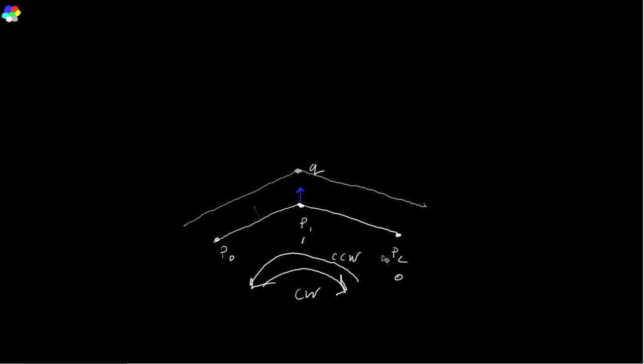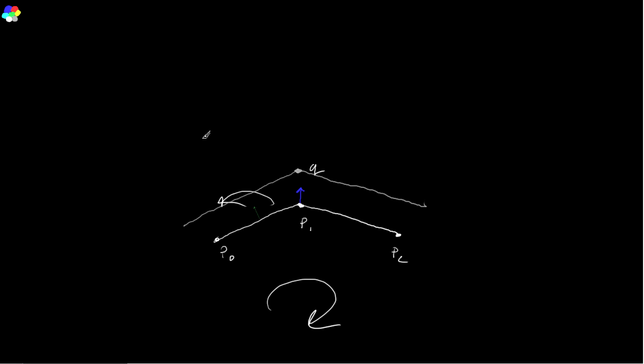So in order for this to work, you have to have your winding going in the same direction every time. If your winding is going clockwise and you want a normal that points outwards, then you can rotate counterclockwise and you will get that normal.